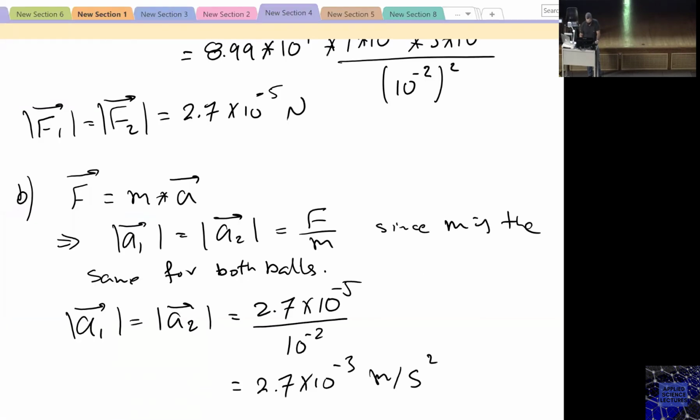So in this case, if this is Q1, and remember this Q1 is positive e. It's a proton. Q2 is also a proton.